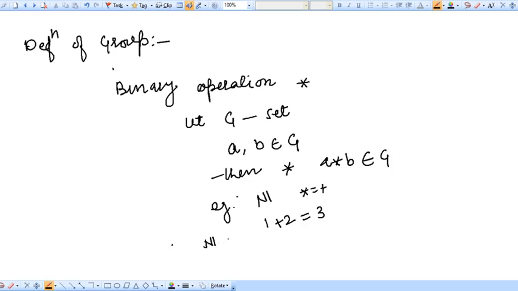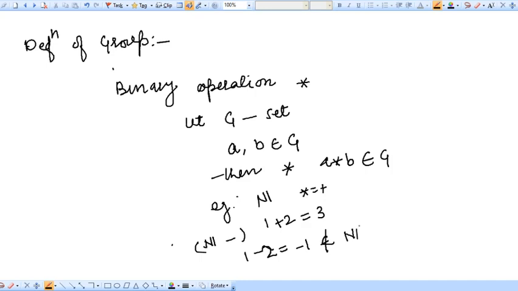But if the operation is subtraction, then 1 minus 2 would be equal to minus 1, which is not a natural number. Therefore subtraction in this case would not be a binary operation.